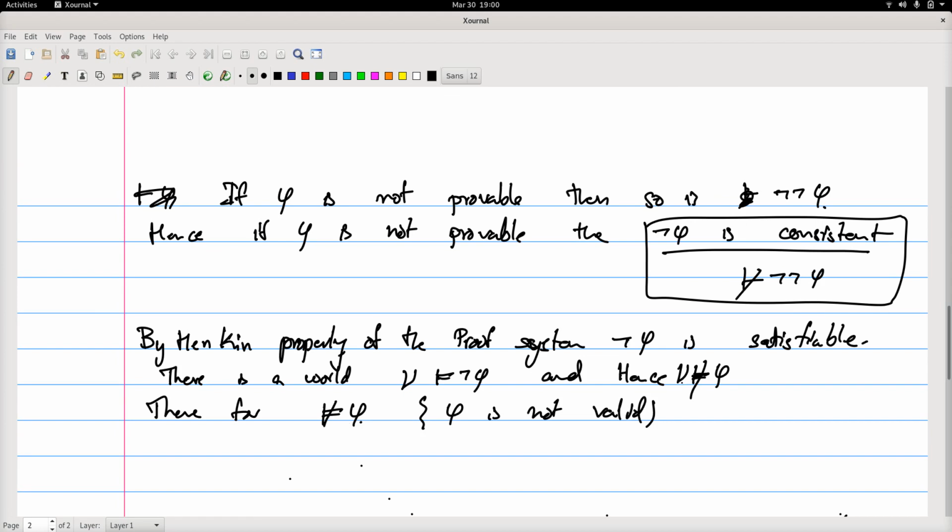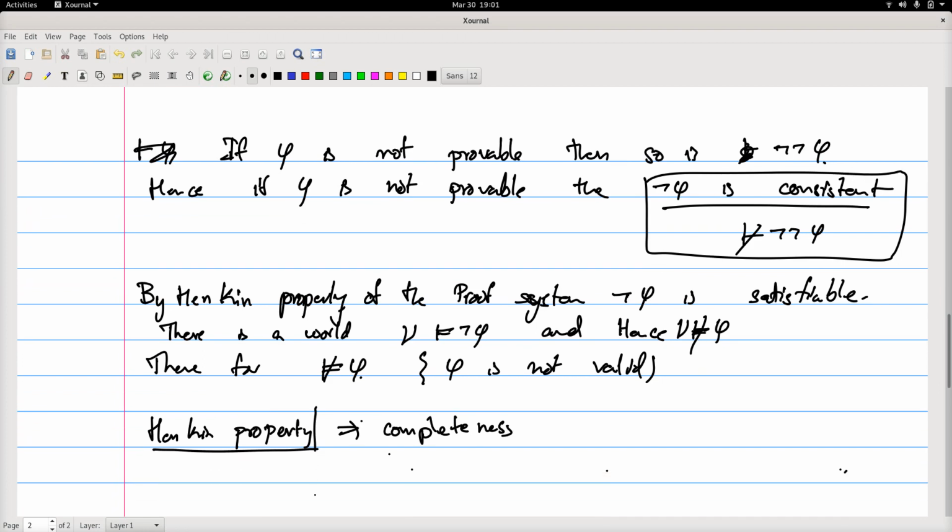Because I have shown you a world where phi is not true. If phi is valid, it has to be true in all worlds. So how did we arrive at this claim? We make use of the property that if not phi is consistent, then it can be satisfied, and that world will make phi invalid. So the Henkin property implies completeness.